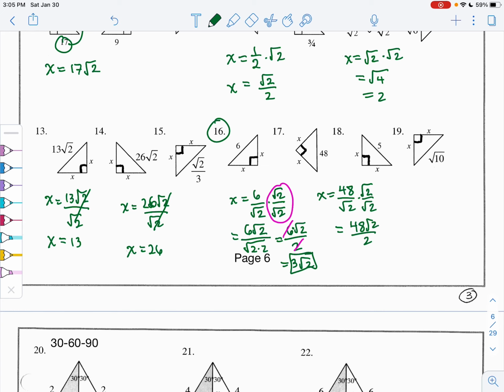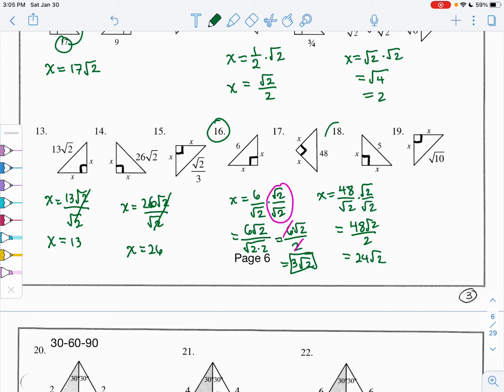Again, multiply top and bottom by whatever the denominator is. That's going to get us 48 times rad 2. At the very bottom, rad 2 times rad 2, same thing as over here, is just 2, because it's the square root of 4. 2 goes into 48, 24 times, so 24 rad 2.